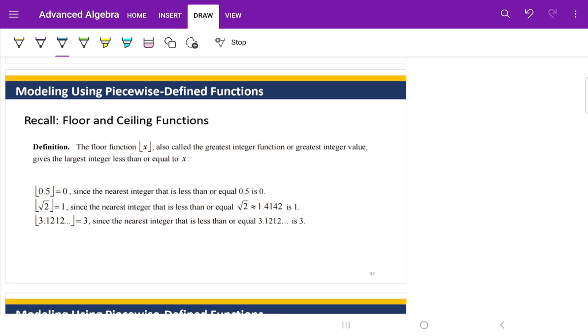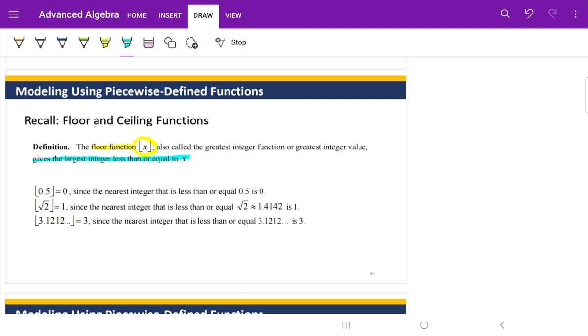We have the floor function and ceiling function. For the floor function, this will be our notation. This is also called the greatest integer function. This function gives the largest integer less than or equal to x.